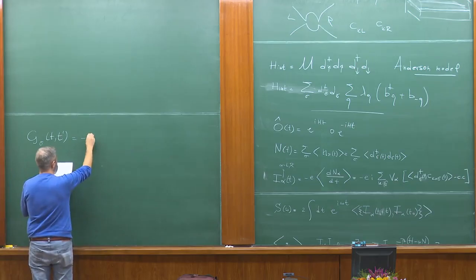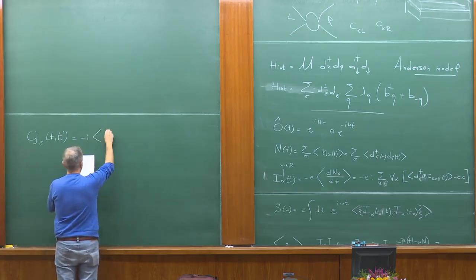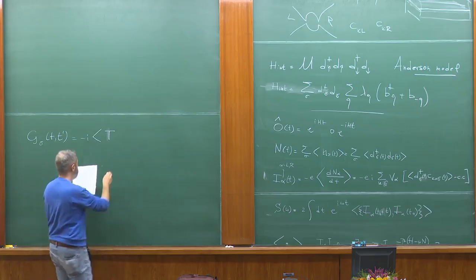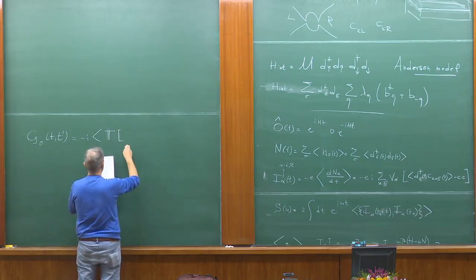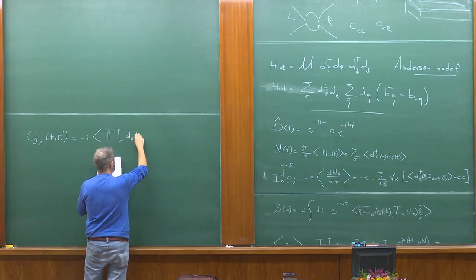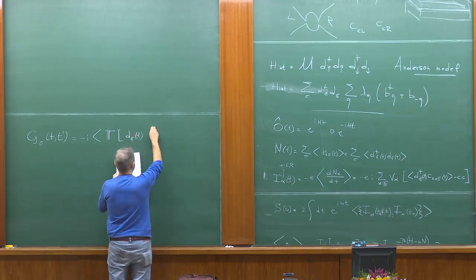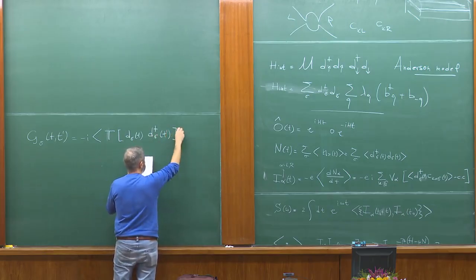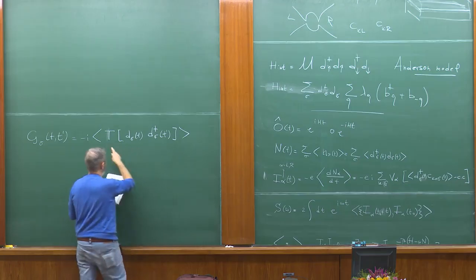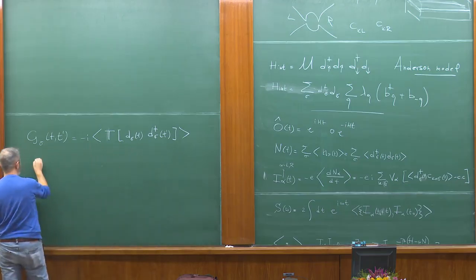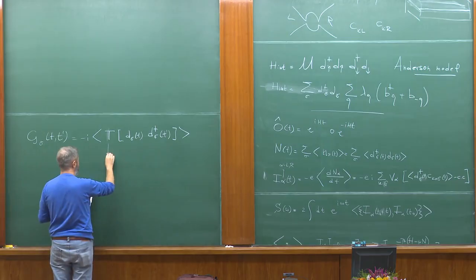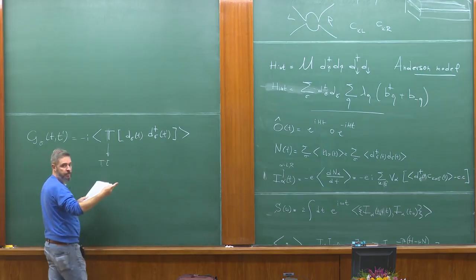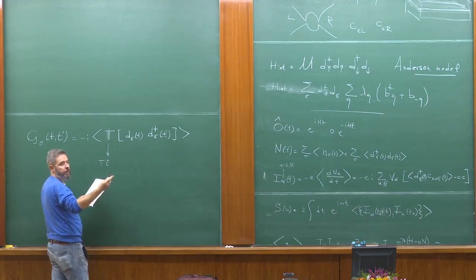For zero temperature, the Green function is defined as the time-ordered product of d_sigma(t) and d^dagger_sigma(t'). What time ordering means, let me remind you, is that you put on the right who comes first.